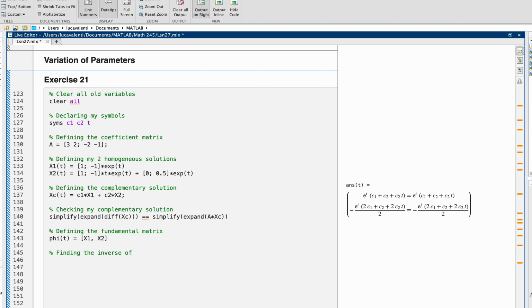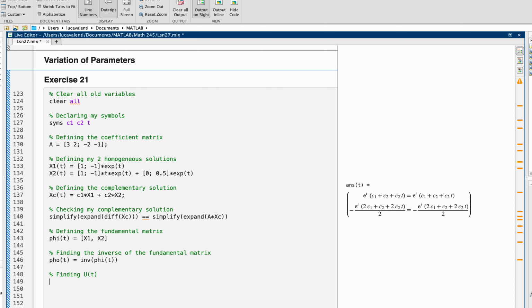And then finding the inverse of the fundamental matrix. So that's going to be, we'll call it rho, and that's going to be the inverse of phi of t. Okay, so now that we have this, remember, how can we find u of t?